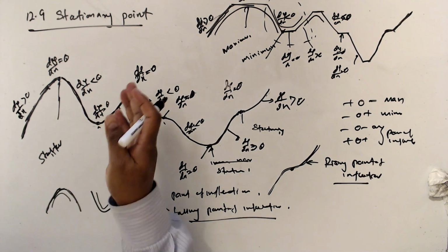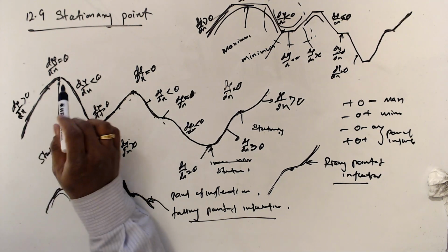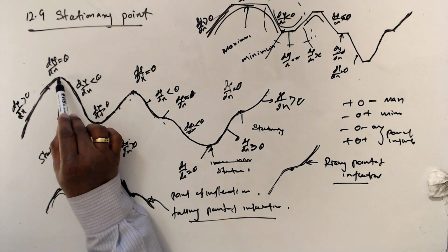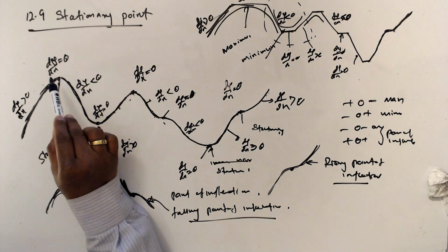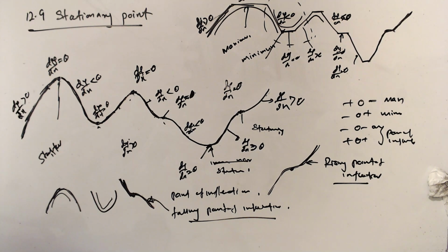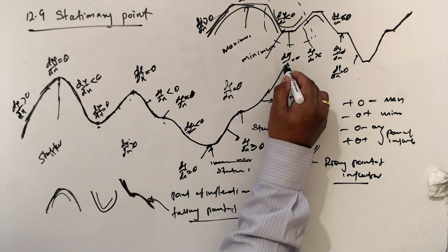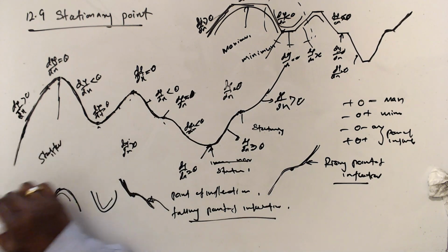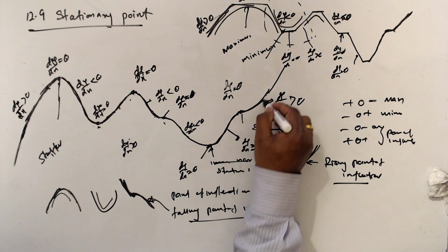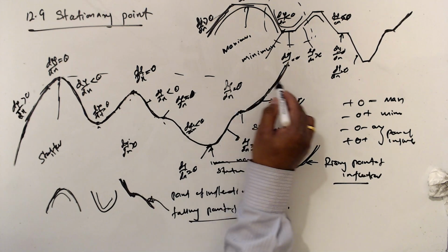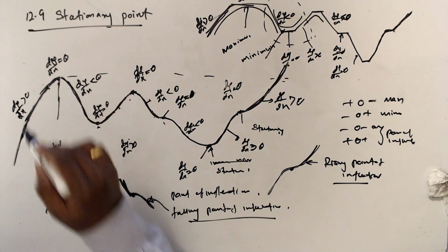Now, what is the stationary point finally? The stationary point is the point where the function is neither increasing nor decreasing. Now, when you look at this curve, this curve is going up to here, above this point.